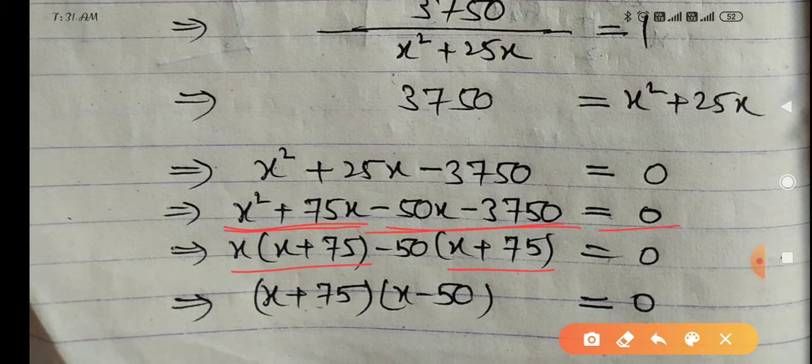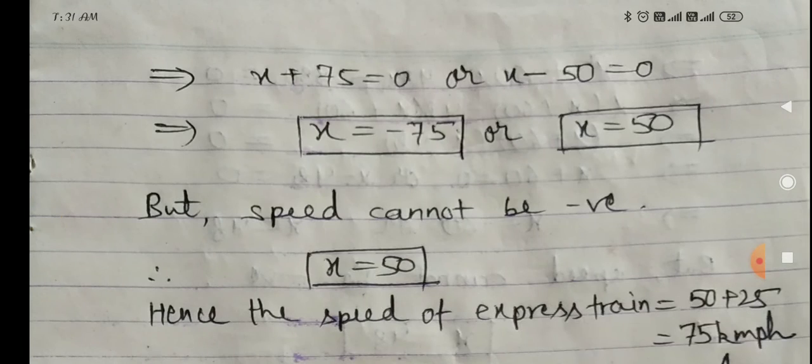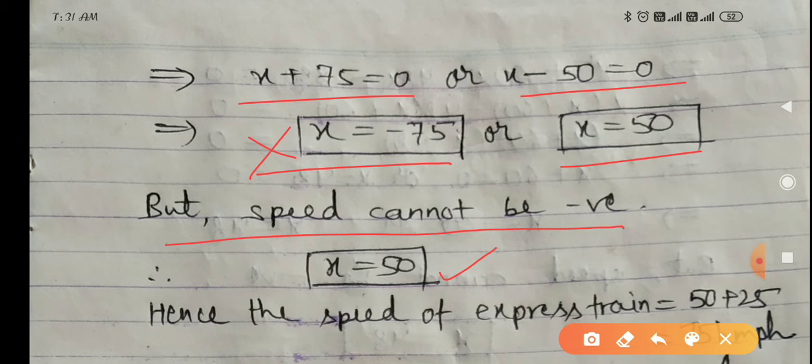So you have x plus 75 into x minus 50 is equal to 0. So x plus 75 is equal to 0 gives x equals minus 75. x minus 50 is equal to 0 gives x equals 50. But speed cannot be negative. You know very well, so x equals 50; this negative value you reject.